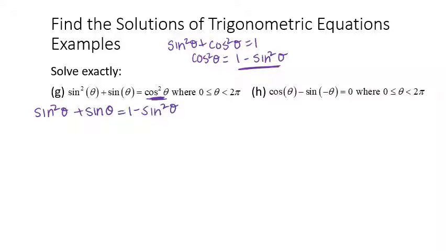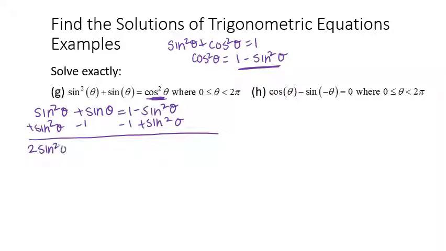Okay, still pretty yuck. So let's get all of this on the same side. I'm going to subtract the 1 and add the sine squared theta to get everything onto one side. So I get 2 sine squared theta plus sine theta minus 1 equals 0. Sweet. Now I have it where it's kind of in that form of 2x squared plus x minus 1 equals 0.